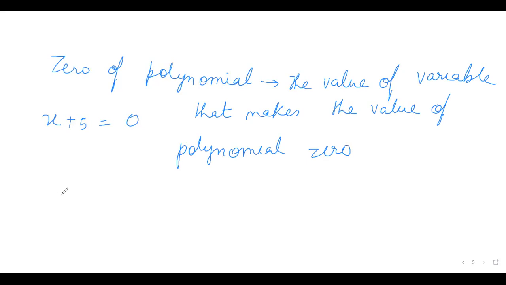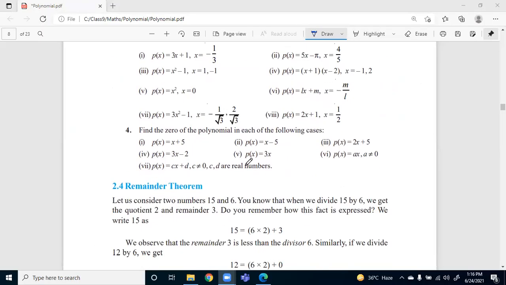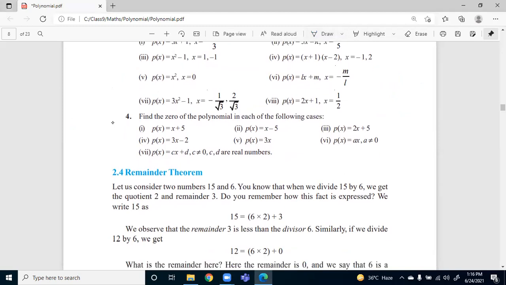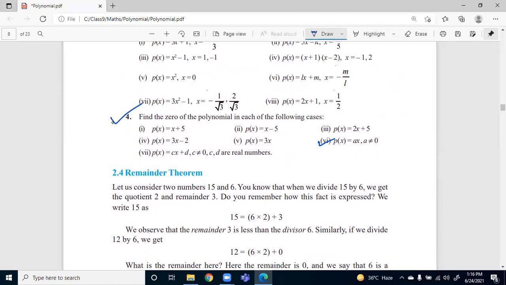Like if I want to find the zero of a polynomial, I'm just showing you the screen. Okay, you can see question number 4 is entirely devoted to finding the zero of the polynomial. So let's say I want to find the zero of the polynomial 6. The polynomial is given as ax, and if I want to find the zero, what step will I be doing? I will be equating it to 0.